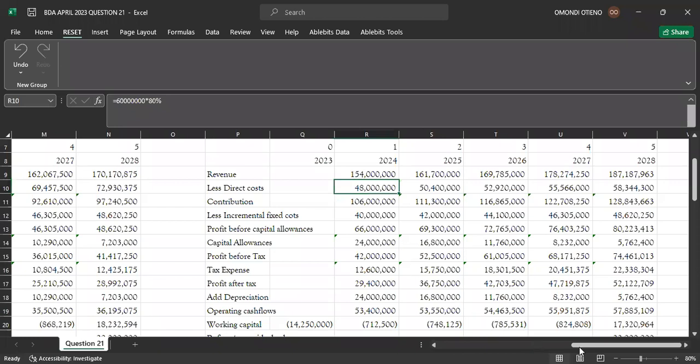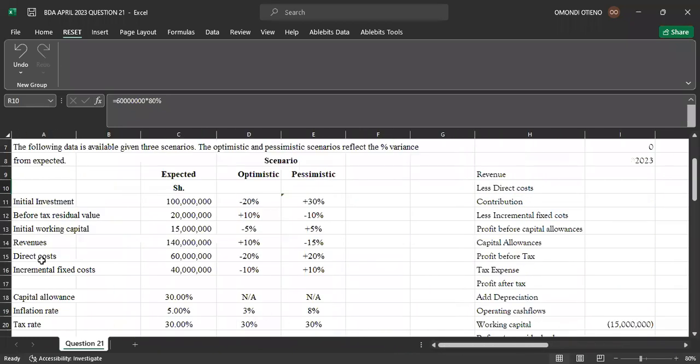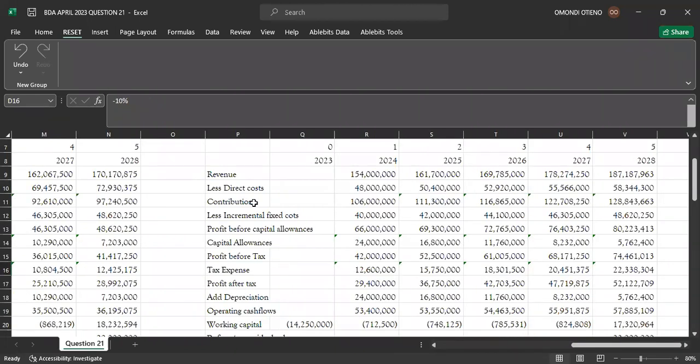How about incremental fixed costs? Incremental fixed cost decreasing by 10%, so it is going to be 90% of this.